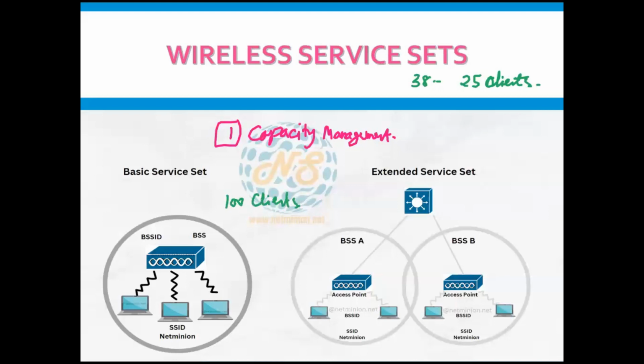So what happens in such scenarios? When there is an AP, this is your basic service set, you cannot have another AP like this. If you design such a scenario and somebody is coming here, your network will get dropped, which is not a good design.